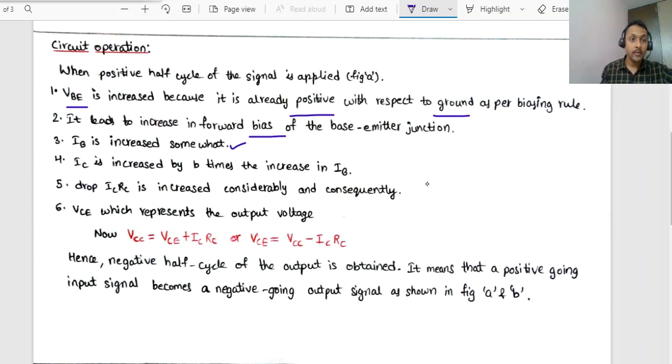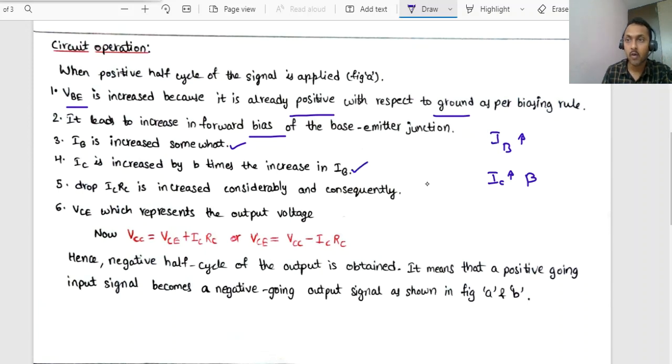Now we have the relationship between the collector current and base current. Once the base current IB increases, the collector current IC will also increase by beta times.